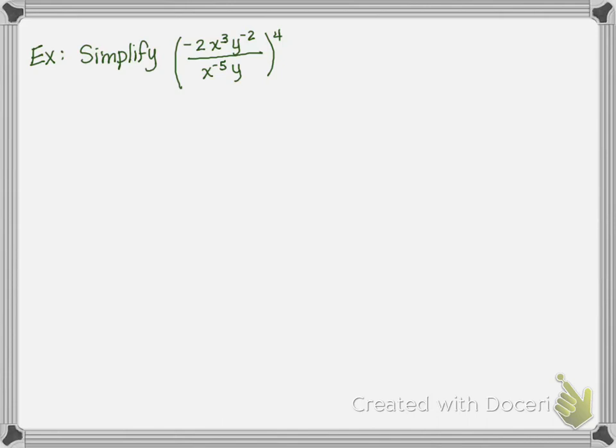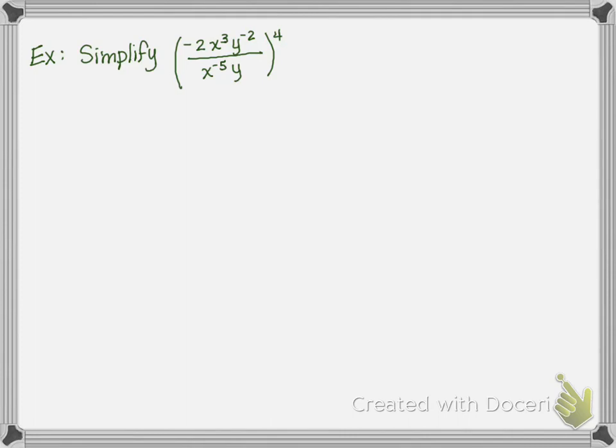When I look at this, I see inside the parentheses that I have factors that have the same base. And so if I can simplify those first, then I have a little bit less to work with when I get rid of my parentheses. And so I'm going to take care of that x to the third divided by x to the -5th, and that y to the -2nd divided by y first, just by using my quotient rule.